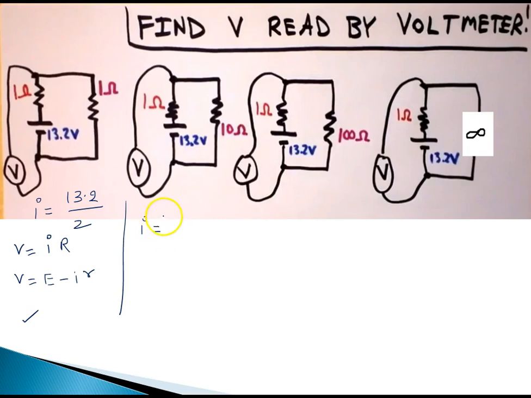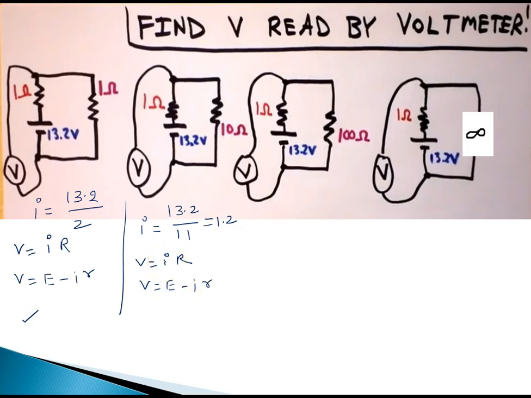Same thing here, if you calculate the I, you can use the formula V by R again. You will say 13.2 upon 10 plus 1, which is 11. I think it is directly divisible, so we can write 1.2. Now again you have both choices. You can use V equal to IR, or you can say V equal to E minus Ir.